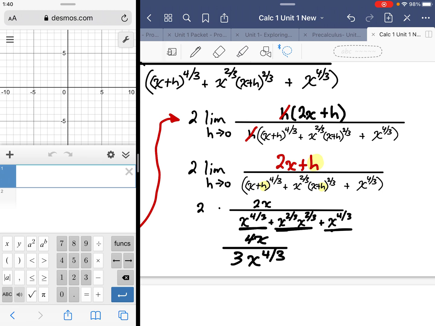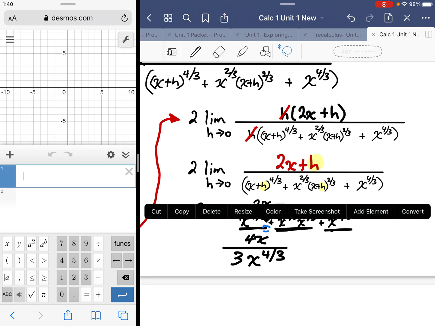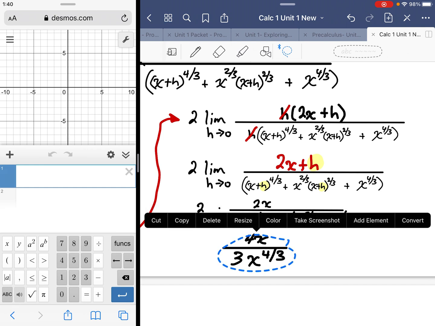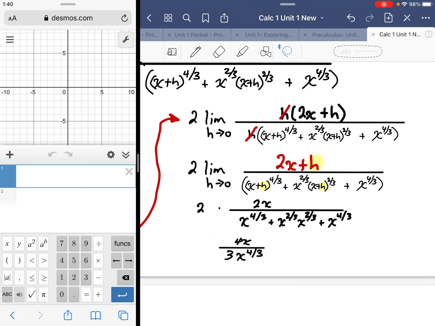However, you could simplify even further and get rid of some of this stuff, because that x is assumed to be raised to the first power. Keep the base, subtract your exponents, and you would end up with 4 over 3x to the, that 1 is the same as saying 3 over 3.